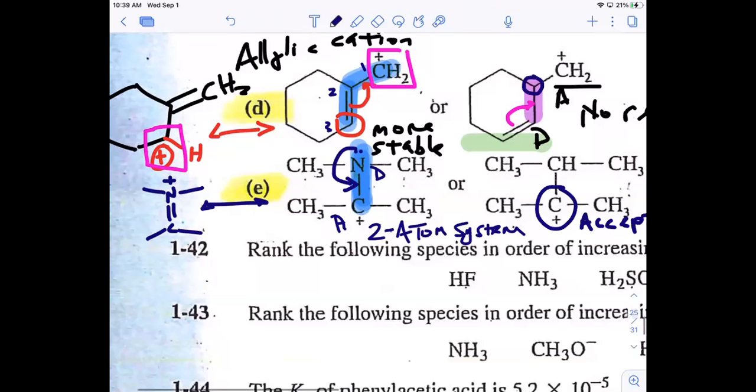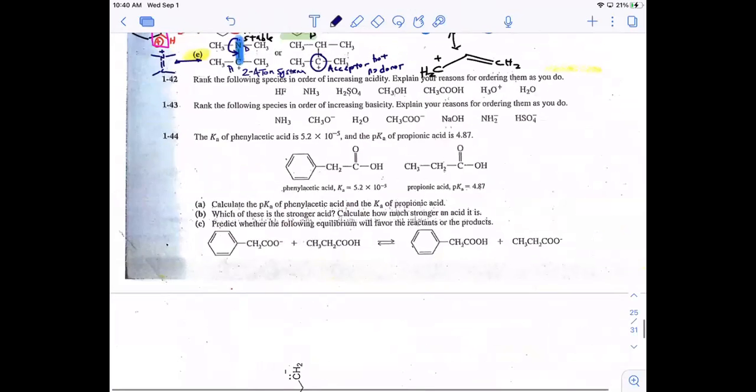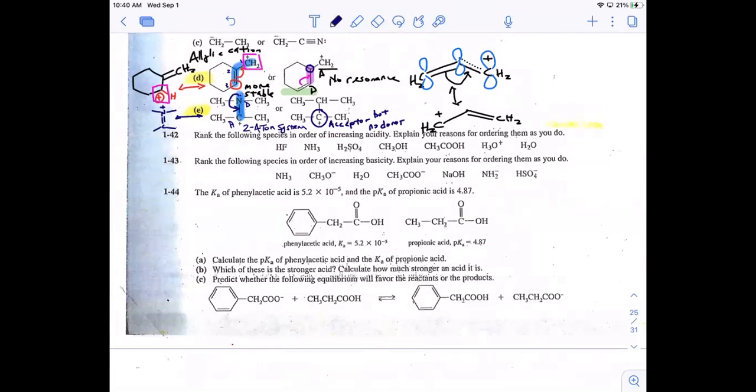All right, any questions on those? I have a question. Go ahead. Will there ever be a case where an allylic anion will be a 2-atom unit, or it will always be 3? Yeah, it's got to be 3 because by definition, allylic means adjacent to a pi bond.